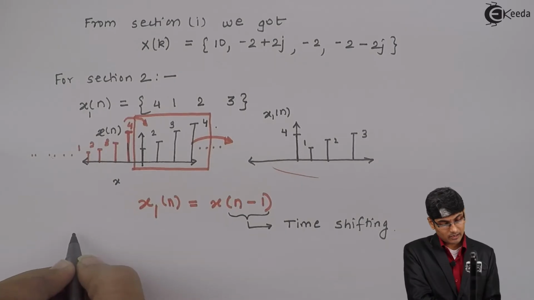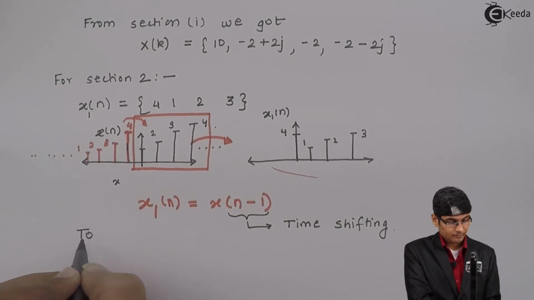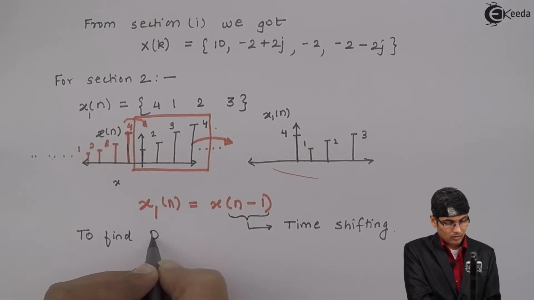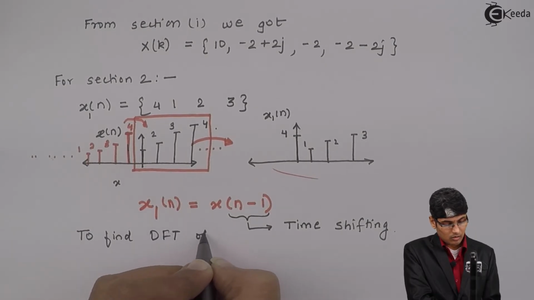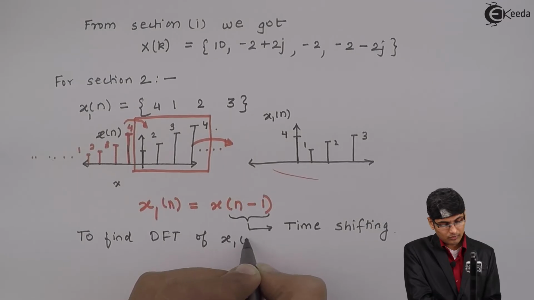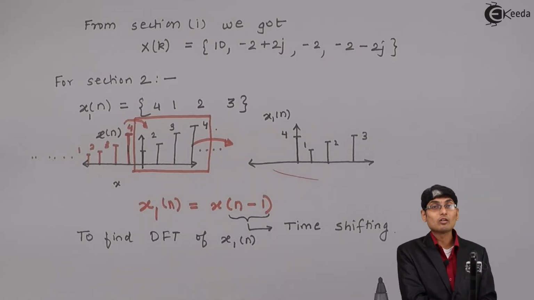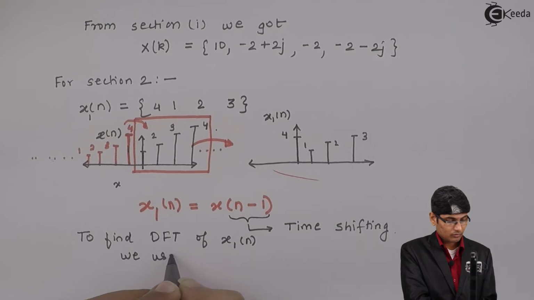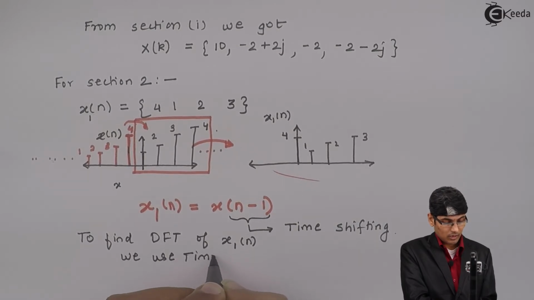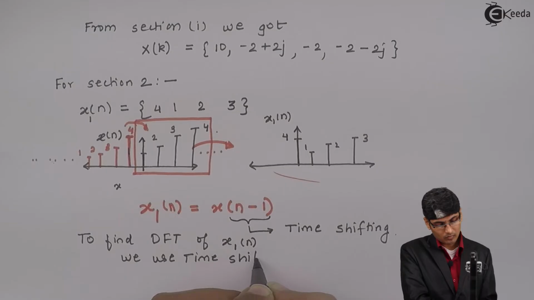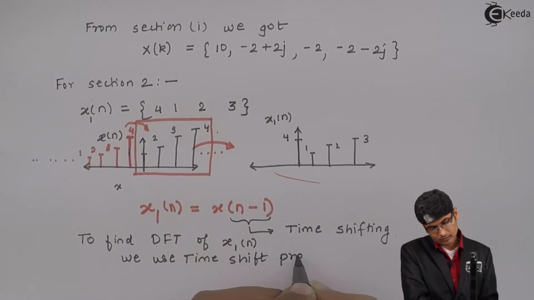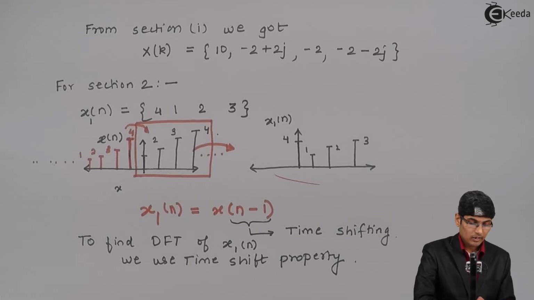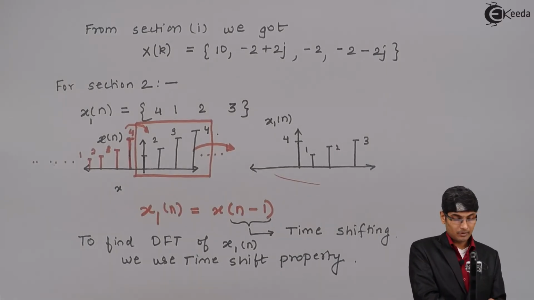So, to find the DFT of x1 of n, we use the time shift property.